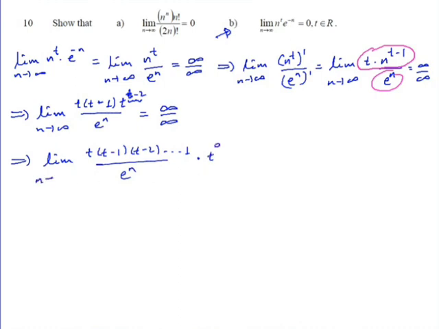So this becomes the limit of t factorial over e to the power of n as n approaches infinity.